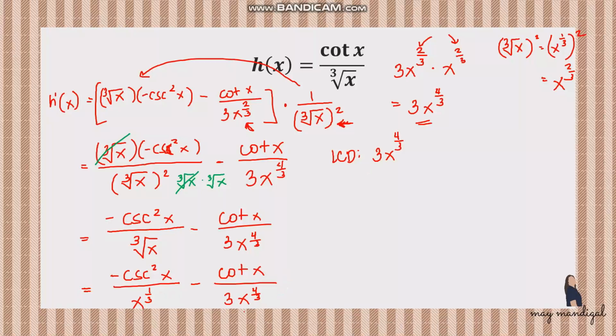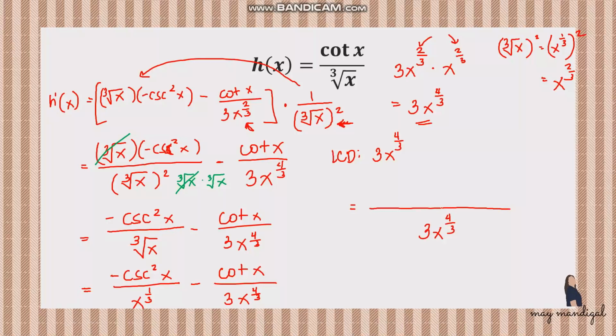If we get the LCD, we are considering the variable with the highest exponent, so we have here 4/3. That's why the LCD of these 2 terms is 3x raised to 4/3. And then all we have to do is write them as 1, so we have 3x raised to 4/3.